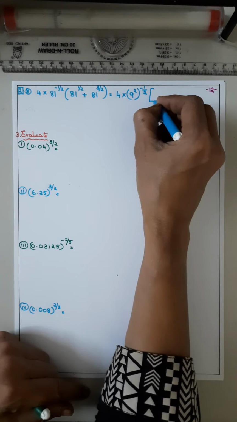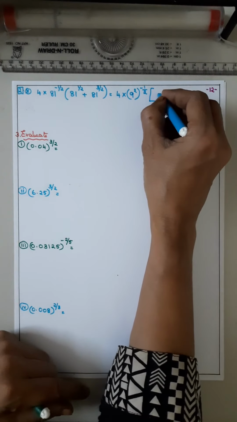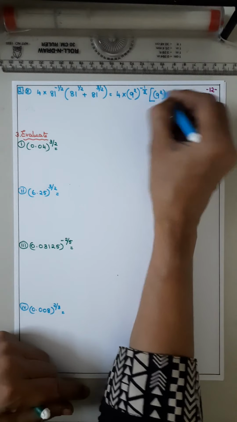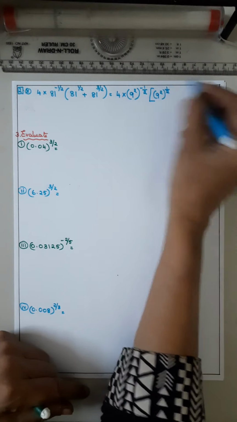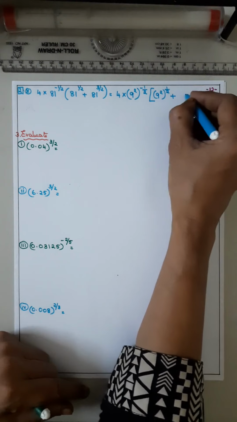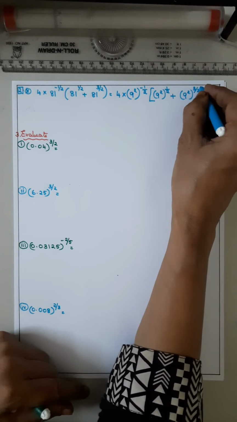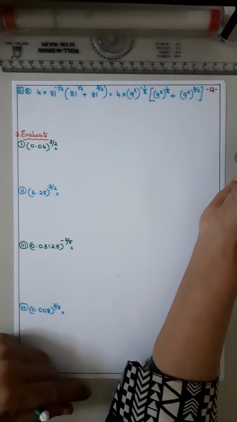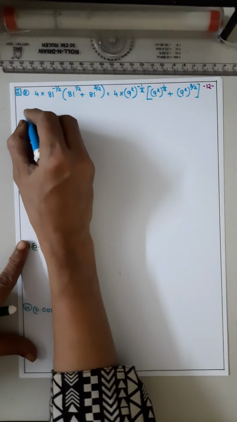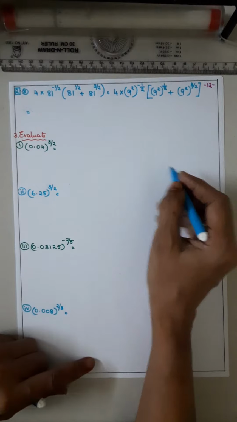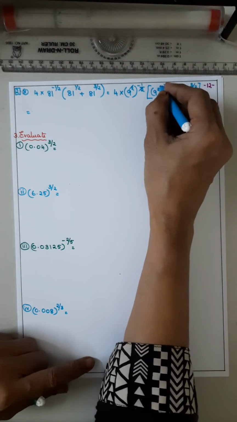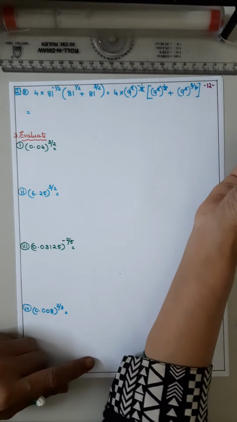Now square bracket 9 square power 1 by 2, again 9 square power 3 by 2 and square bracket close. Okay. Now it is 2 cancel, 2 cancel, 2 cancel.